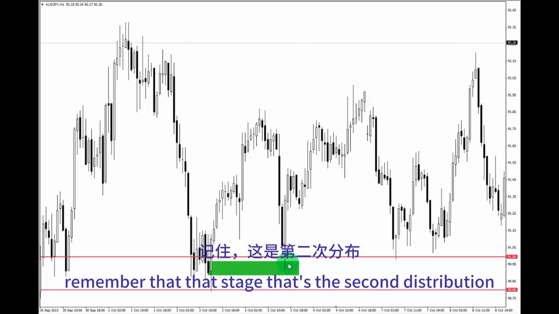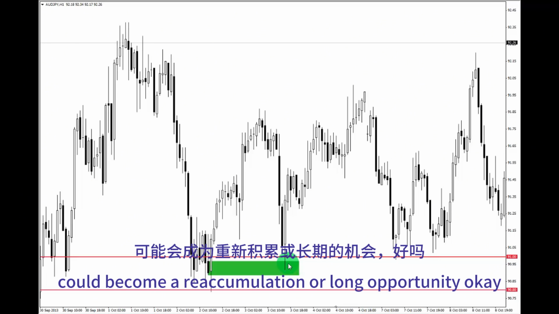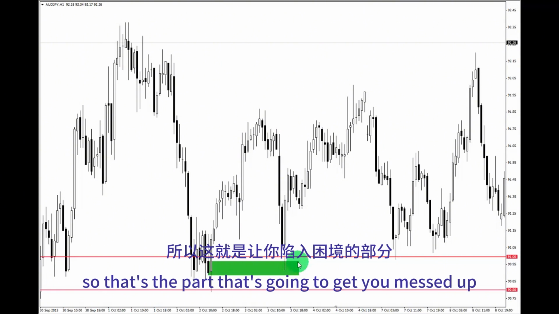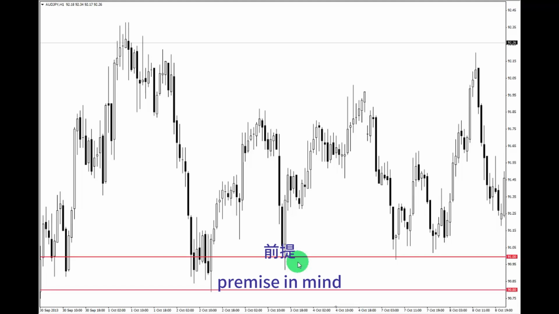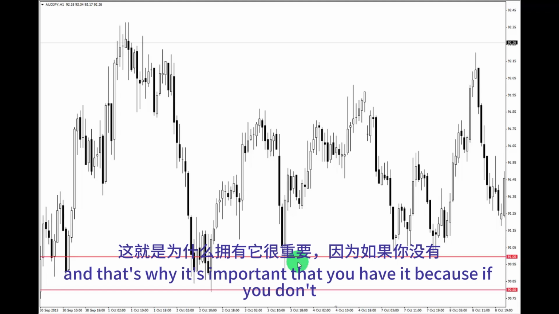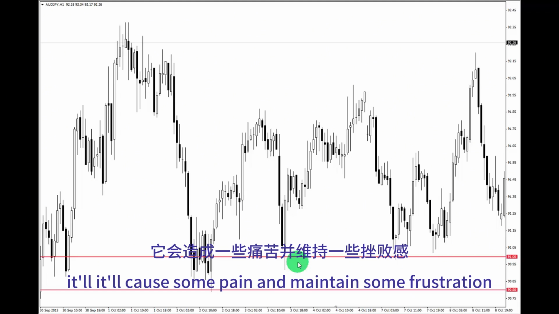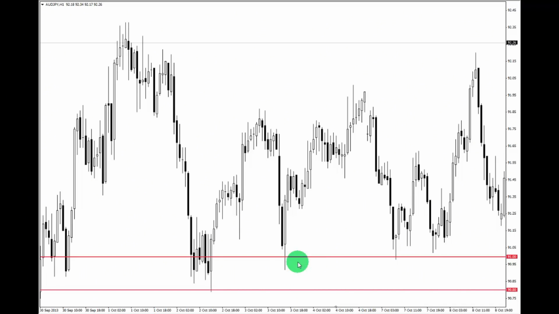Remember that stage, that's the second distribution, could become a reaccumulation or long opportunity. That's the part that's going to get you mixed up if you don't have the higher time frame premise in mind, and that's why it's important that you have it, because if you don't, it'll cause you some pain and many times some frustration.